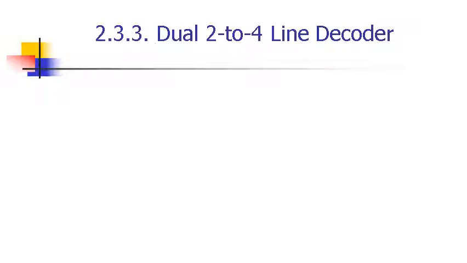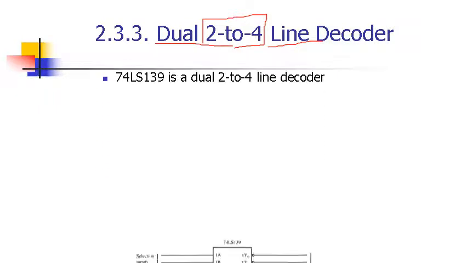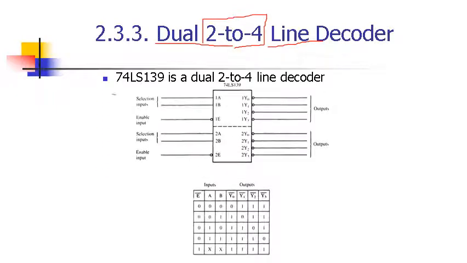So we start talking about a line decoder, which is a dual line decoder. So 2 to 4 line decoders, but we use 2 line decoders together, like in this figure here. This is a 2 to 4 line decoder, and this is another 2 to 4 line decoder in the same chip.